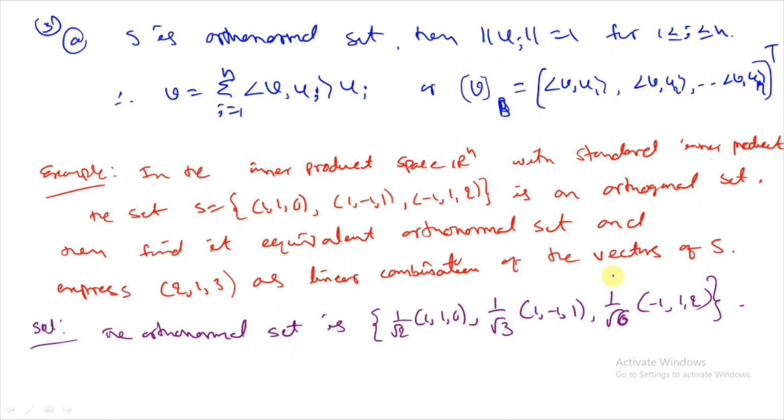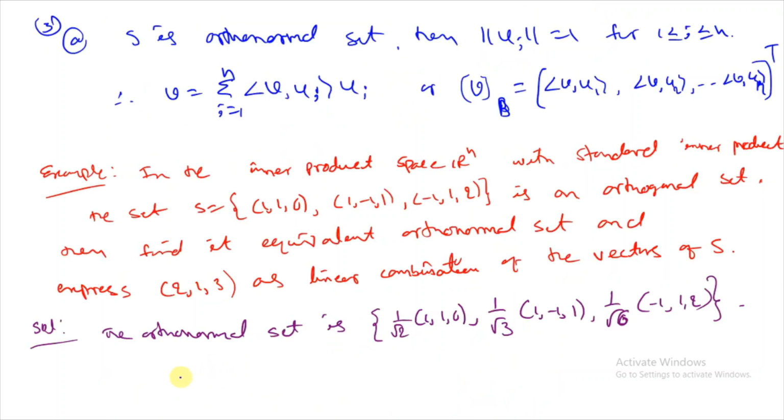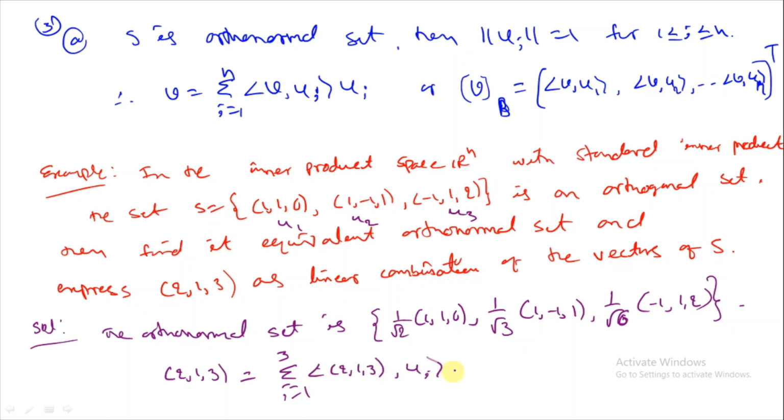Now it's asking for the linear combination of these vectors. If it's an orthonormal set, the linear combination uses the inner product of v comma ui. So this is the linear combination: (2,1,3) equal to summation i equal to 1 to 3, taking u1, u2, u3, the inner product of (2,1,3) comma ui into ui.